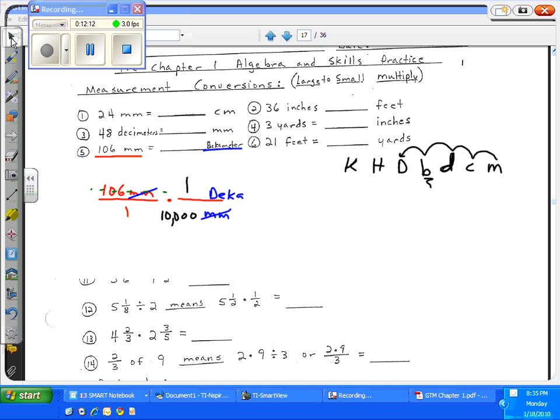And then we're going to multiply 106 deca over 10,000. When you divide by 10,000, move your decimal 4 places. So you're going to have 0.0106 decameters. Any questions on number 5?